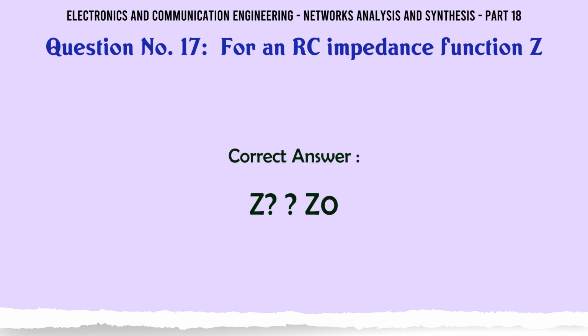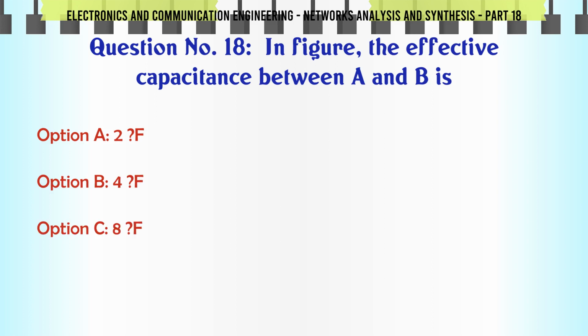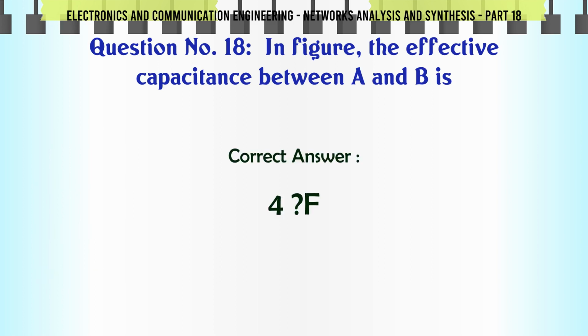The correct answer is Z∞ < Z0. In the figure, the effective capacitance between A and B is A. 2 F, B. 4 F, C. 8 F, D. 10 F. The correct answer is 4 F.